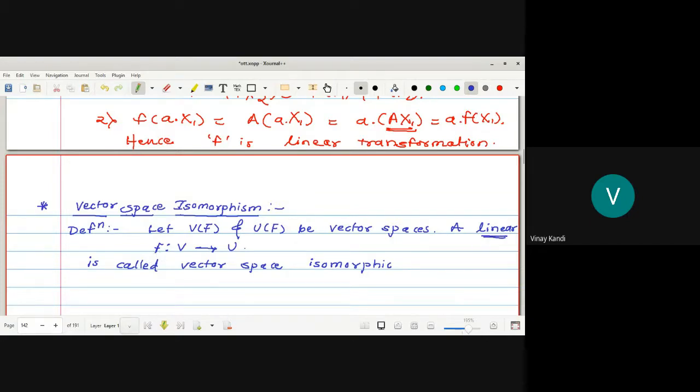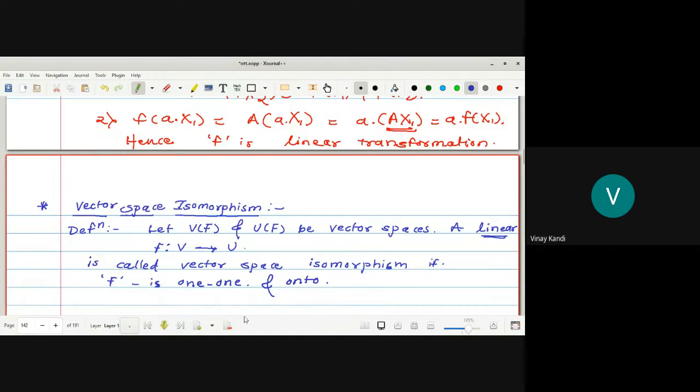It is called a vector space isomorphism if this function F is one-to-one and onto.